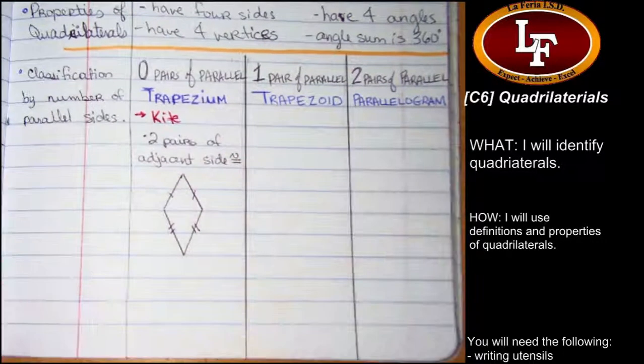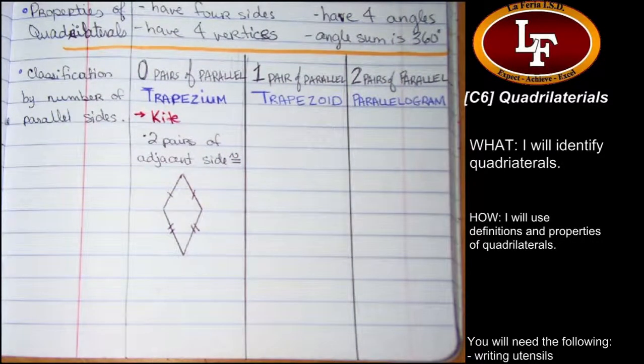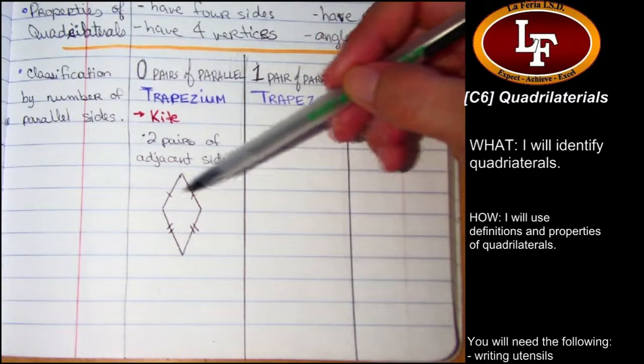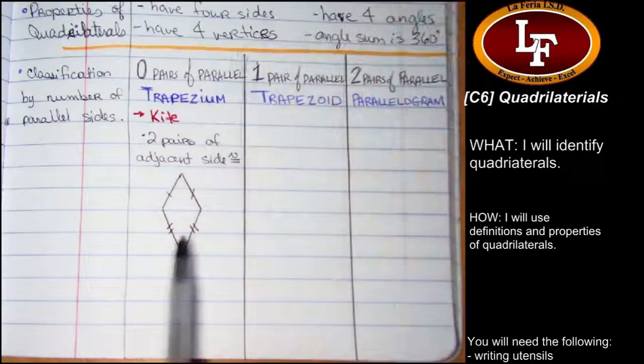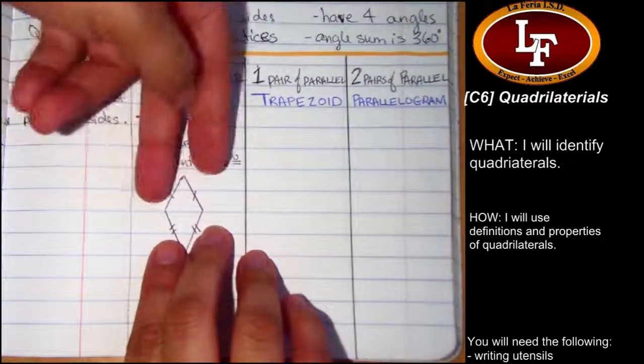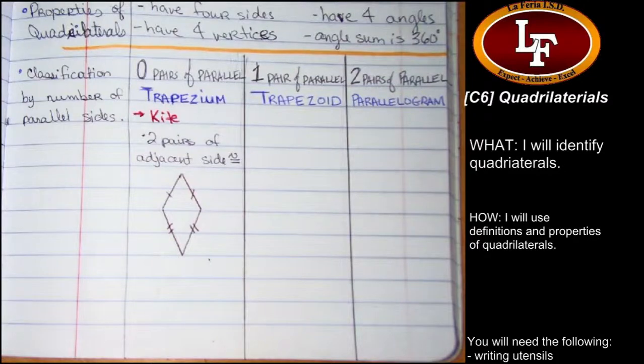That's a kite. A kite has no pairs of parallel sides, so it's a trapezium. But this specific trapezium is called a kite because the two sides closest to each other are congruent. Each pair is not necessarily congruent to the other pair in our figure.